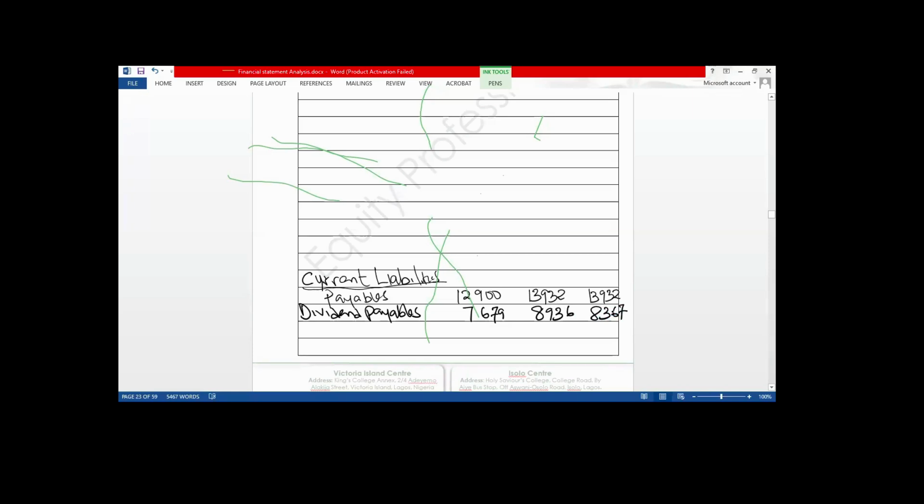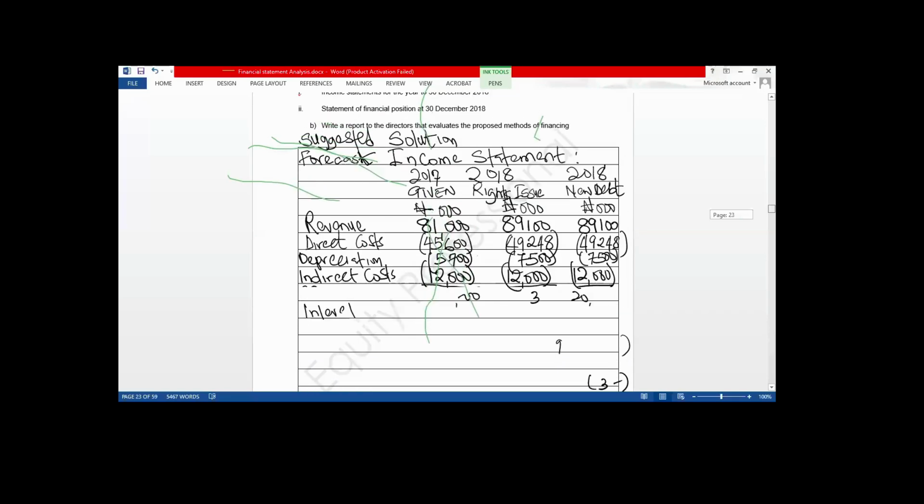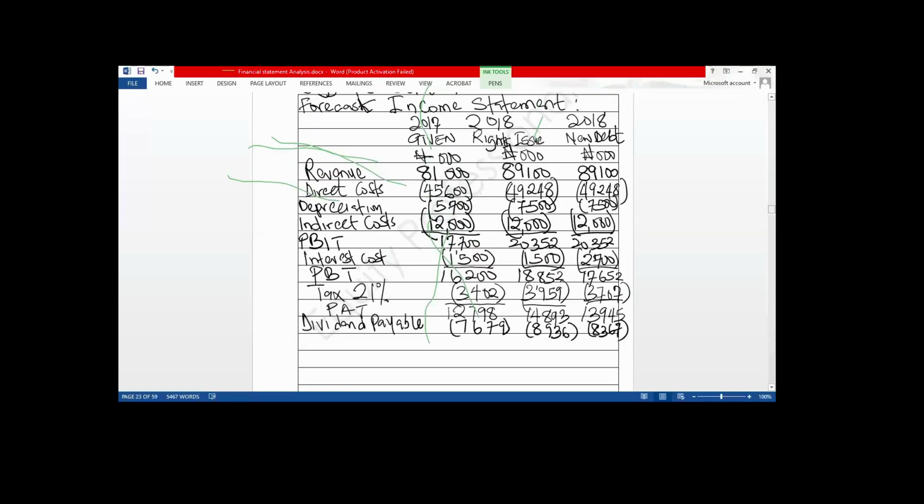It is part of current liability. Because the dividend has not been paid, this must be reflected in your balance sheet.